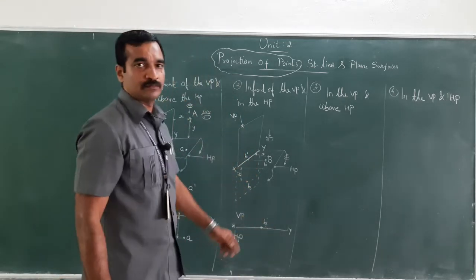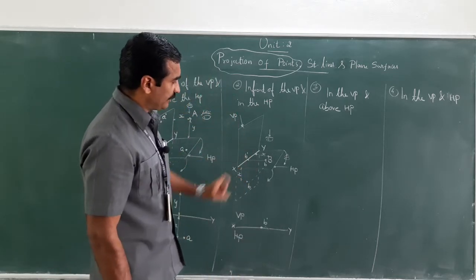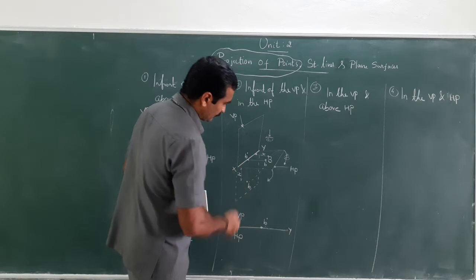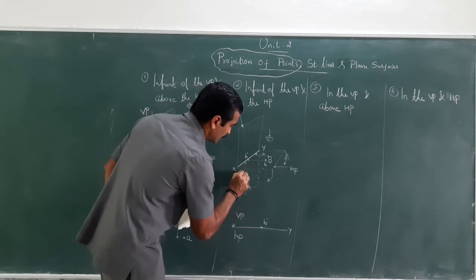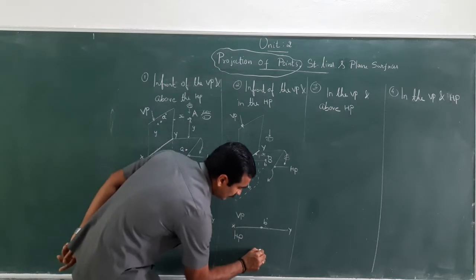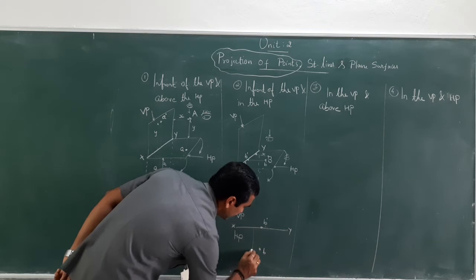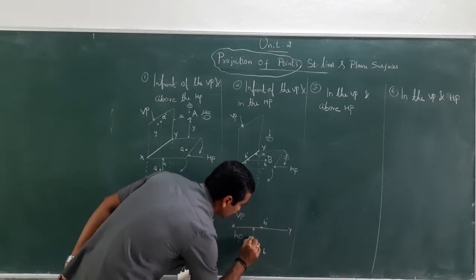Let me project this, and at some distance of X, the top view, that is the plan, is there. So this is the distance of X.